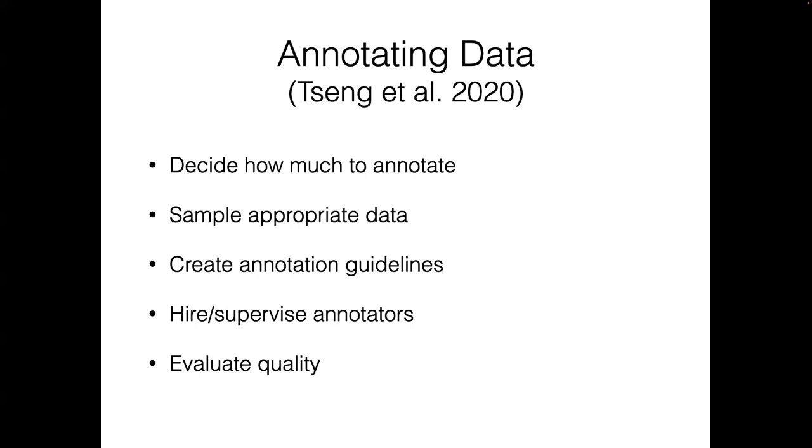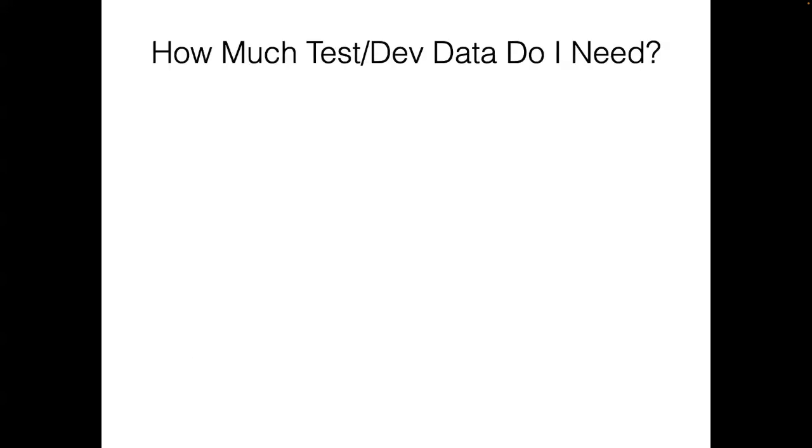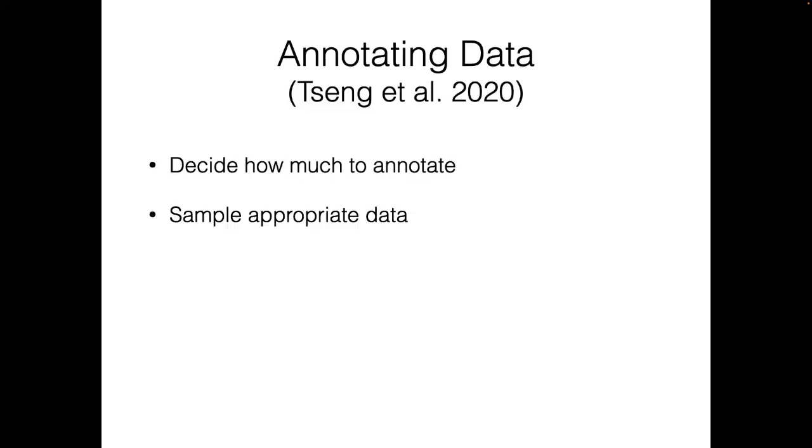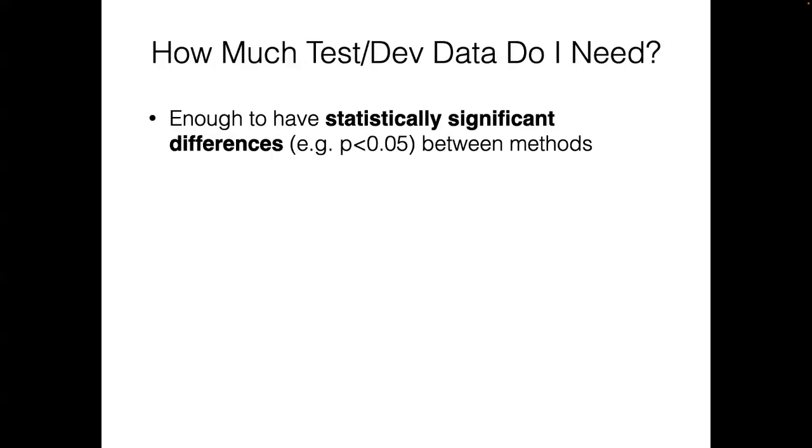Well, then you have to start collecting it and you have to get humans to annotate it. So first you have to decide how much to annotate. You have to create guidelines and hire people and evaluate the quality. So let me go through a few of these.